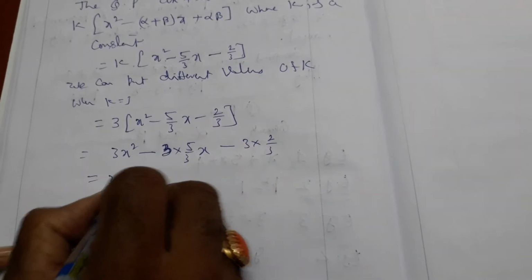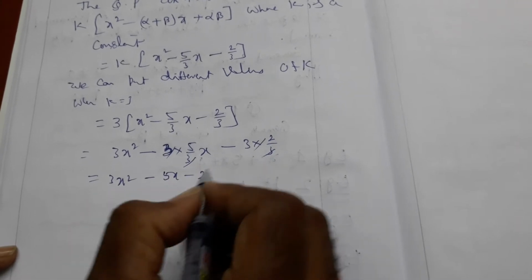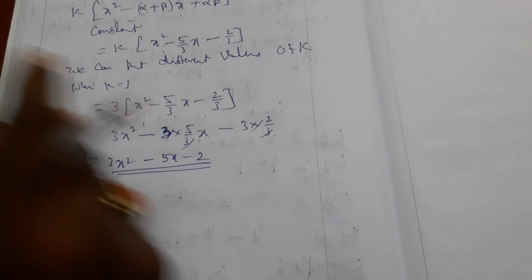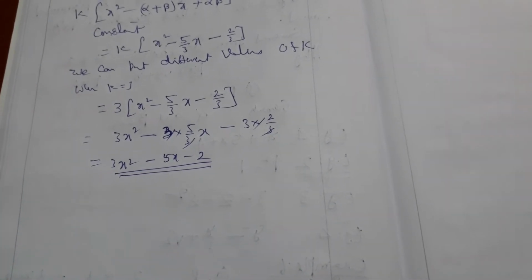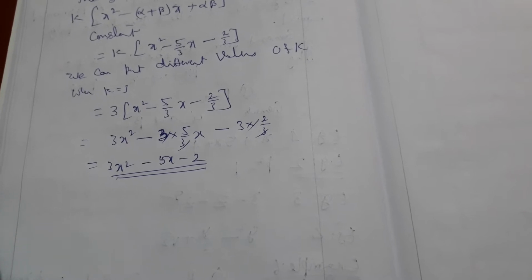Okay, 3 cancels 3, so 3x square minus 5x minus 2 is the required quadratic polynomial. Okay students, now we move to Try This. Two problems are given under this. One is problem 1, under Try This.